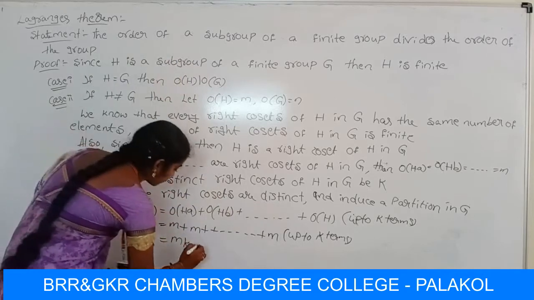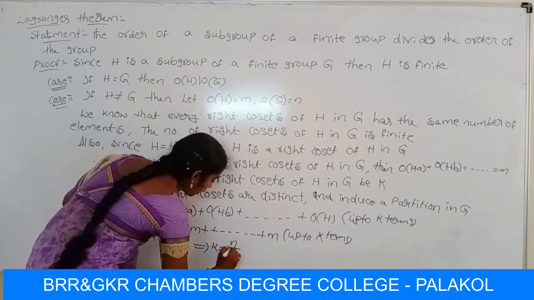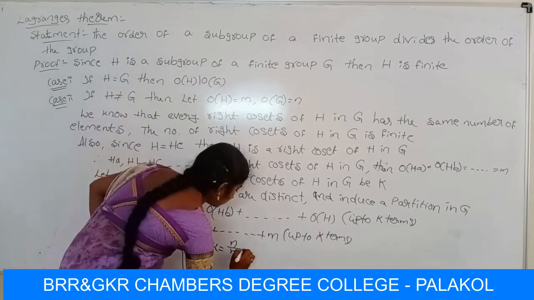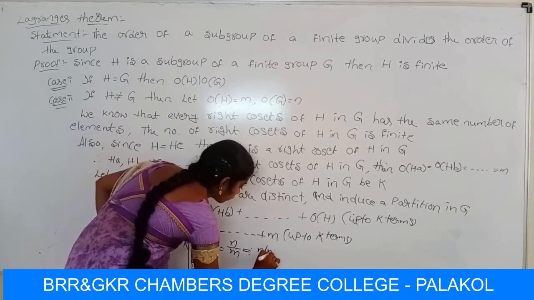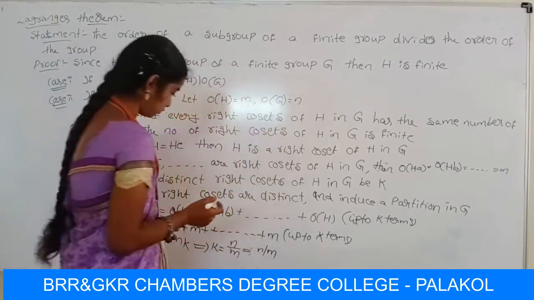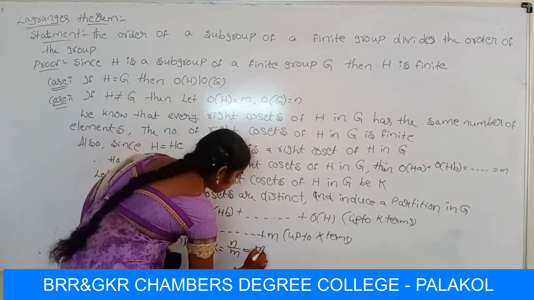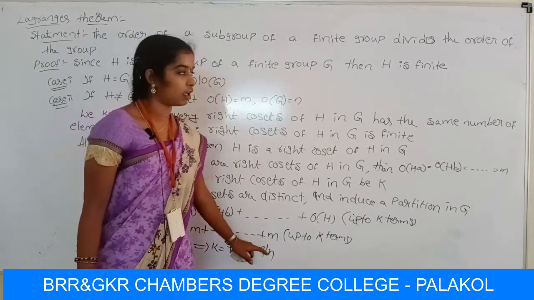So it can be written as k equal to n divided by m. That means, sorry, m divides n.